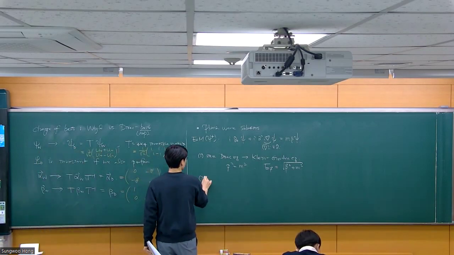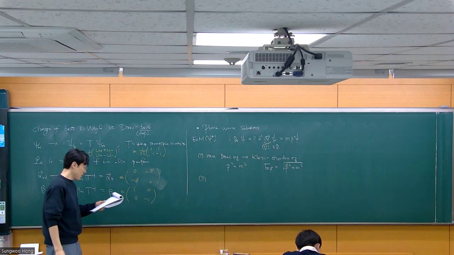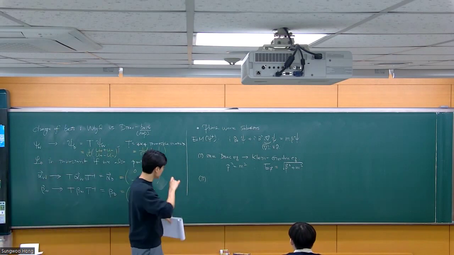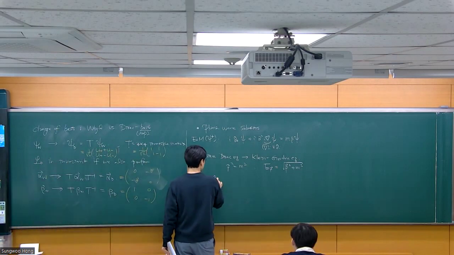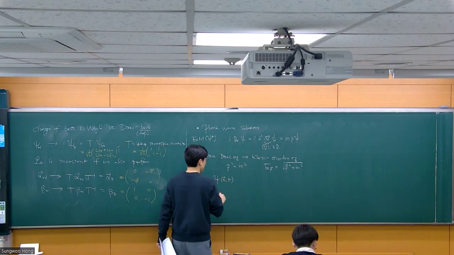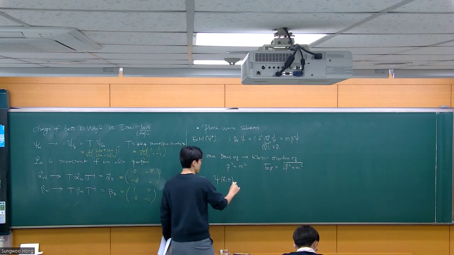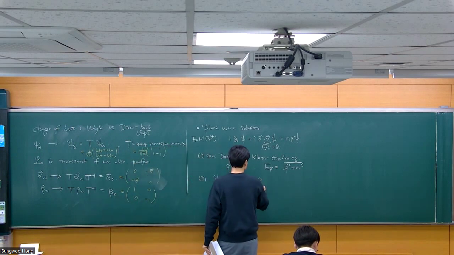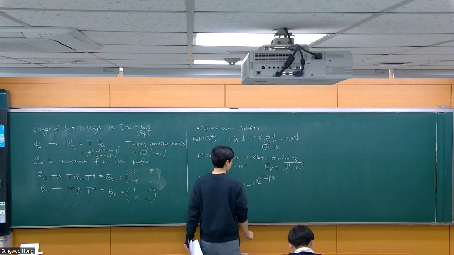Good. Then let's try a plane wave solution. By which I mean, I look at the solution to this equation, which is a function of space and time, that is proportional to a plane wave. So minus plus i p dot x, and then some proportionality factor.